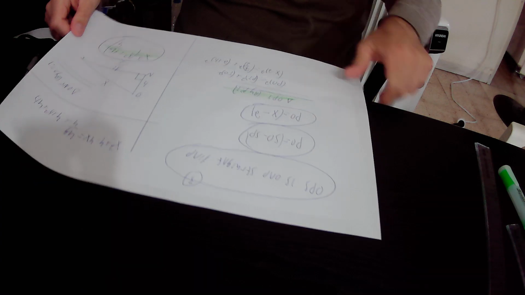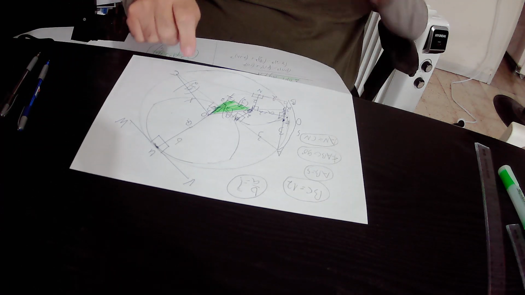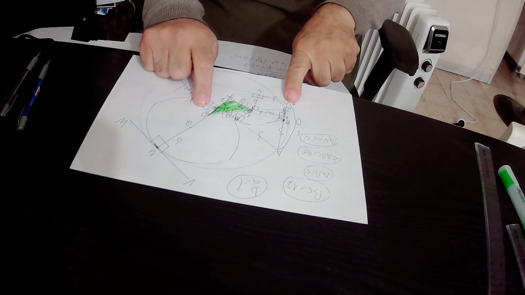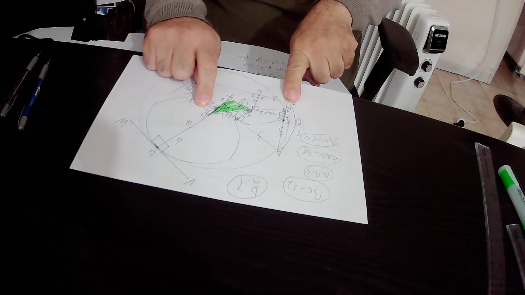You should remember that if SPO is one straight line, then SO must be also a straight line. Point O is the center of the biggest circle, point S is a point on the biggest circle itself. This is exactly the definition of a radius.